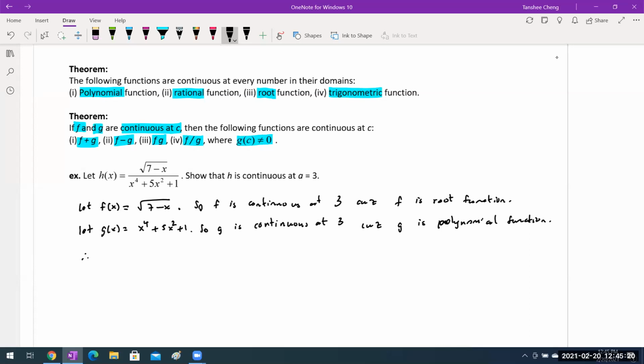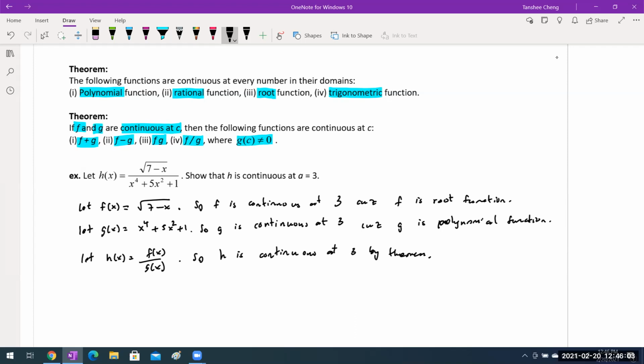Now let h of x be equal to f of x divided by g of x. So h is also continuous at 3 by theorem. And then clearly, g of 3 is not equal to 0.